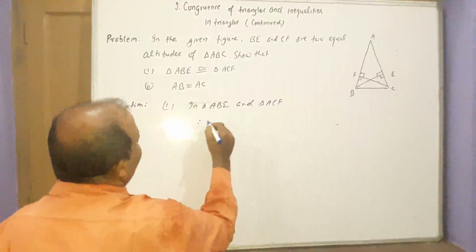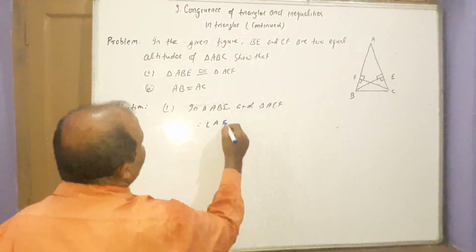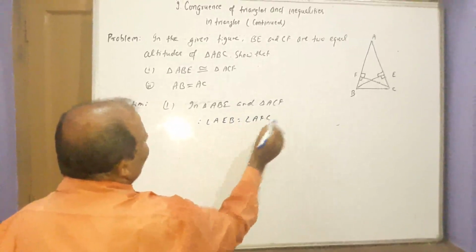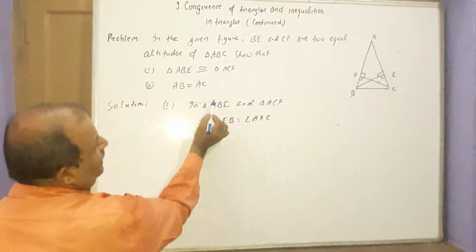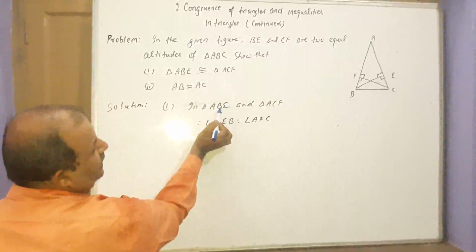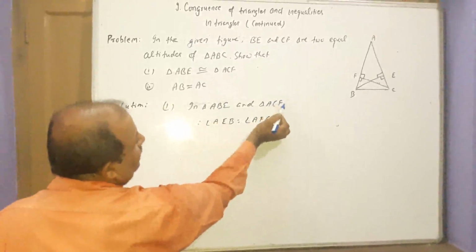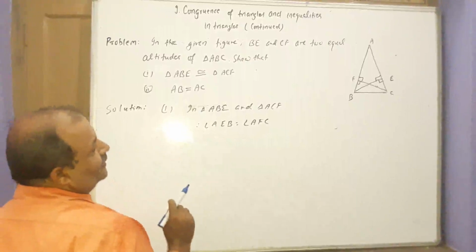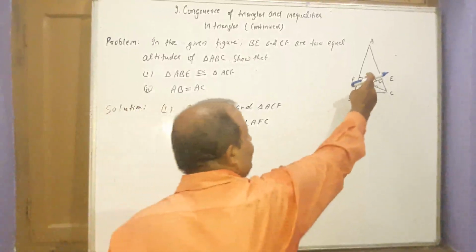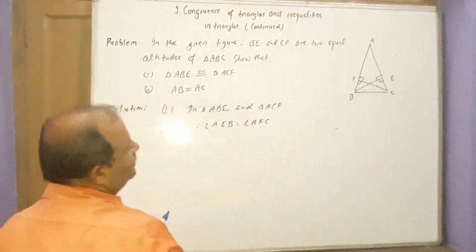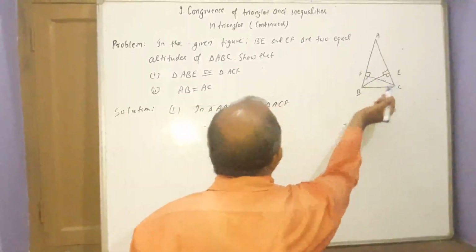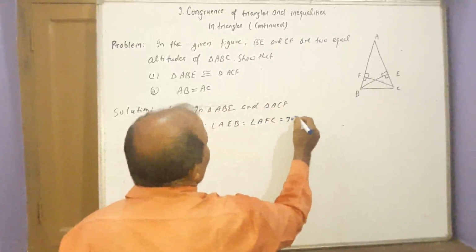And therefore, angle AEB is equal to angle AFC. Here AEB is 90 and AFC is 90, each one is 90.